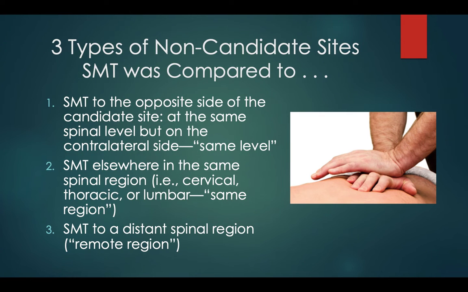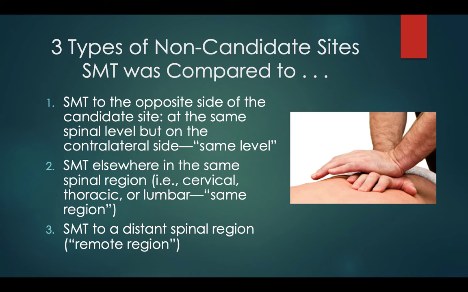The researchers compared 3 types of non-candidate sites. SMT was compared to SMT to the opposite side of the candidate site, at the same spinal level, but on the contralateral side; SMT elsewhere in the same spinal region, for example, cervical, thoracic, or lumbar; and SMT to a distant spinal region.